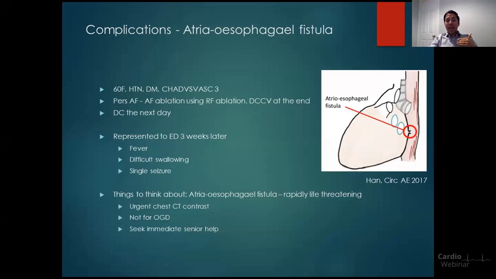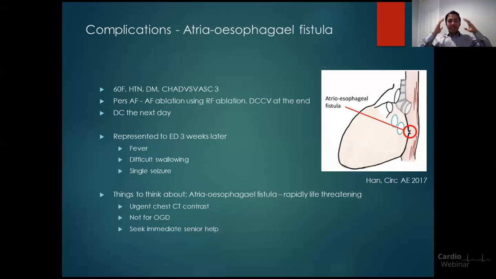And what essentially happens is either material from the food pipe goes into the heart, whether that be air, or you see content from the heart going out into the food pipe. So fever occurs because of sepsis from gut contaminants going into the body. Difficulty swallowing is because of the esophageal injury, and seizure can happen because of embolization of air or whatever going up into the brain.